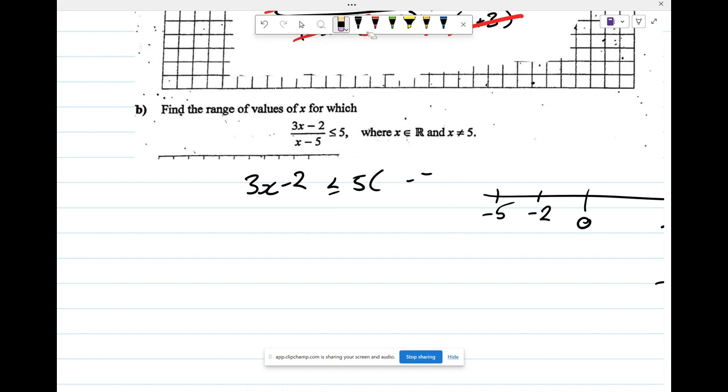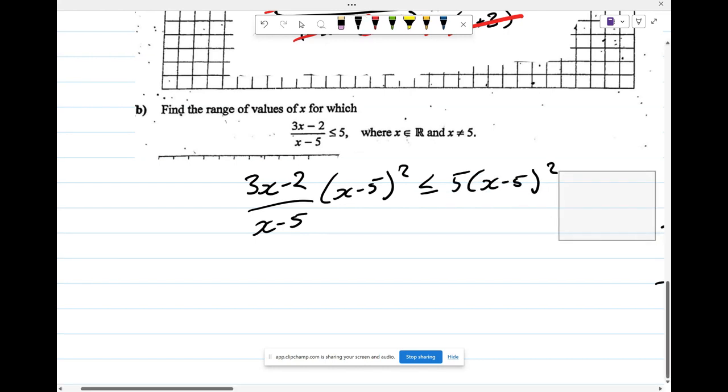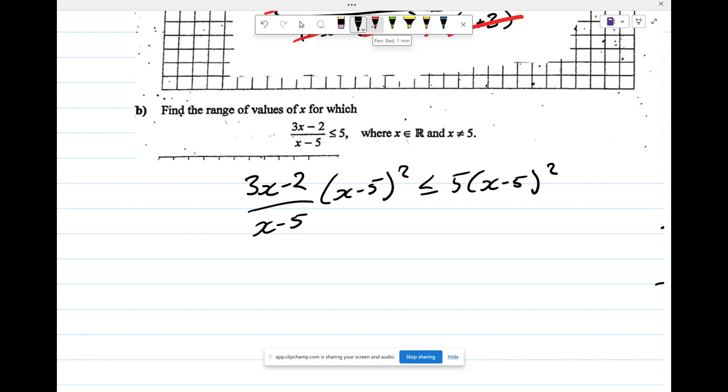Well, we're just going to multiply both sides of this equation by x minus 5 squared. And so that's less than or equal to 5 times x minus 5 squared. And we can cancel one of these with one of these and just square out this.